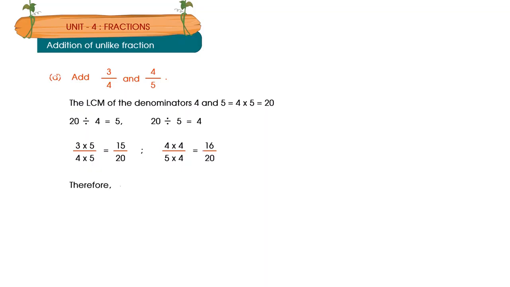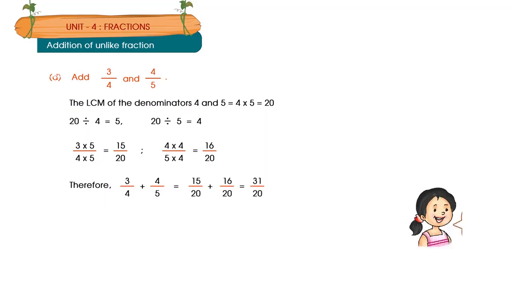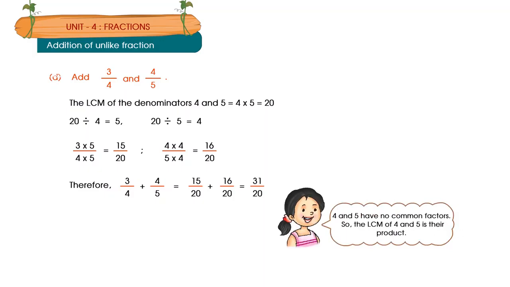Therefore, 3/4 plus 4/5 is equal to 15/20 plus 16/20, which is equal to 31/20. 4 and 5 have no common factors, so the LCM of 4 and 5 is their product.